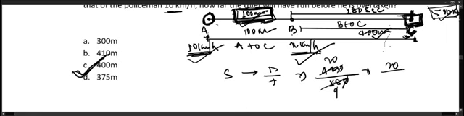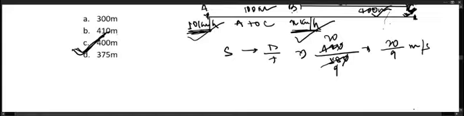The distance traveled by the thief is 400 meters, and the time taken by the thief is 180 seconds. So speed will be 40 by 18, that is 20 by 9 meter per second.